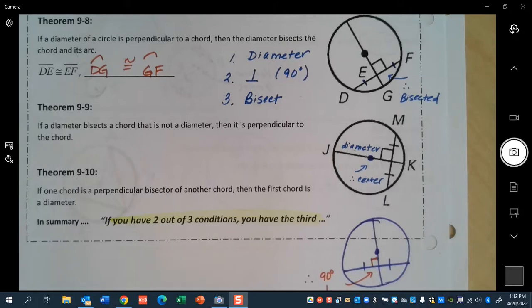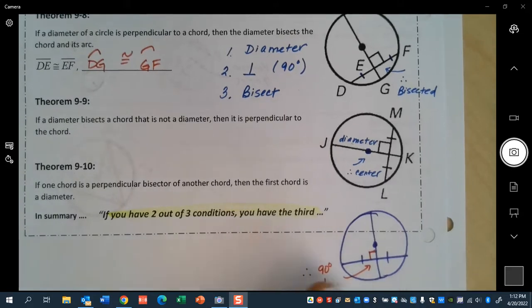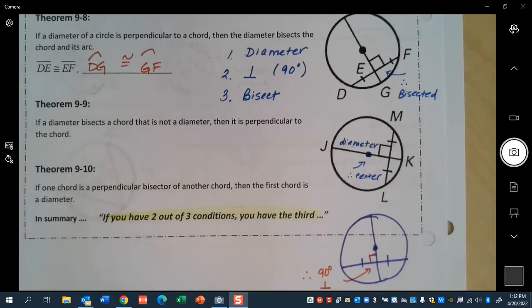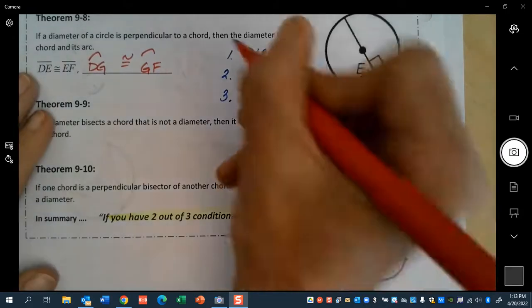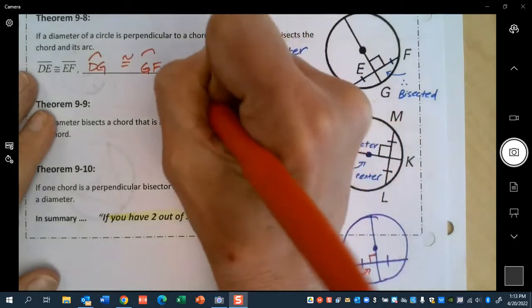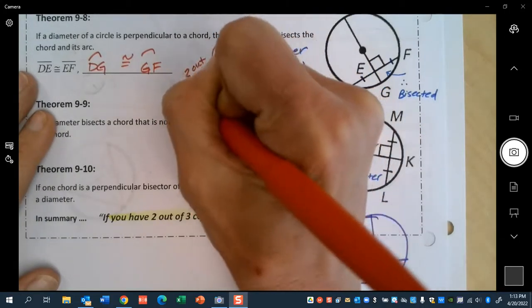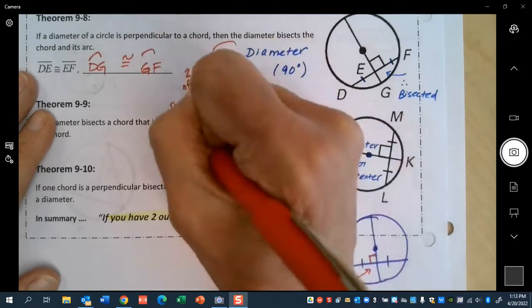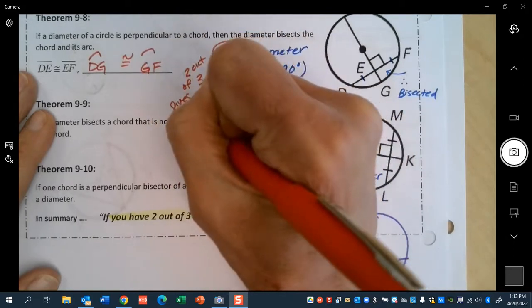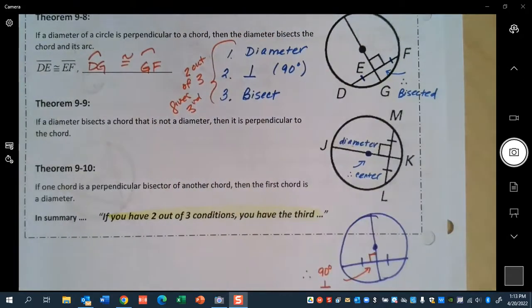If one chord is the perpendicular bisector of another chord, then the first chord is a diameter. Anytime you have 2 of those conditions, you have the third. So for me, this is what I remember. Two out of the three gives you the third.